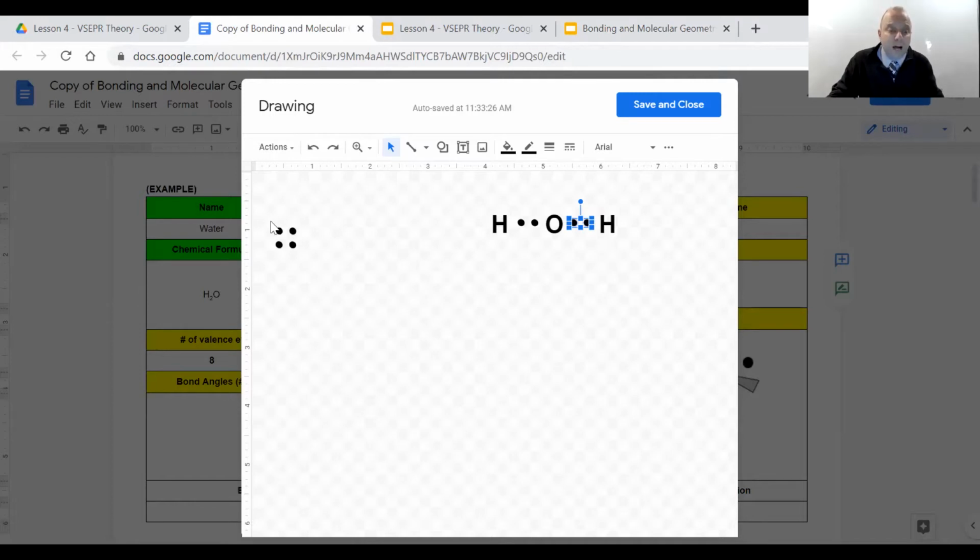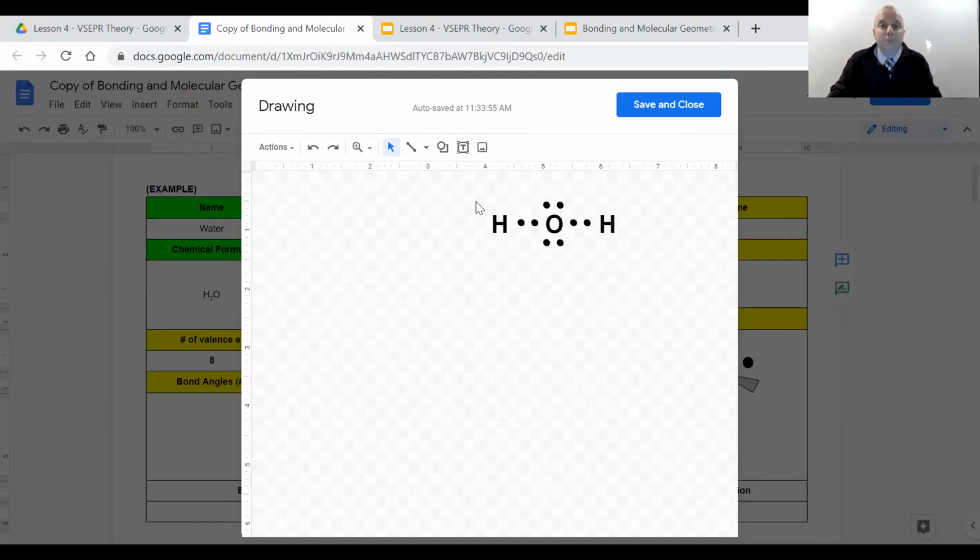Once you make those 2 bonds, what I would like you to do is place the remaining 2 pairs of electrons above and below the oxygen atom. Basically, hydrogen can't have more than 2, so any extra has to be put on the central atom. And they should be put up in pairs. In fact, when we're doing this today, all of the electrons should be traveling in 2s. You should never have a single electron by itself. They should always be in pairs.